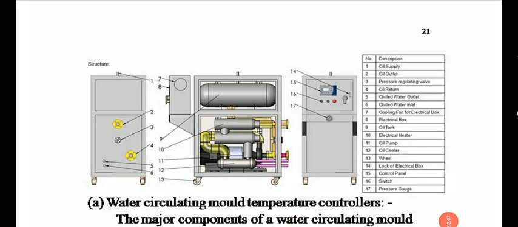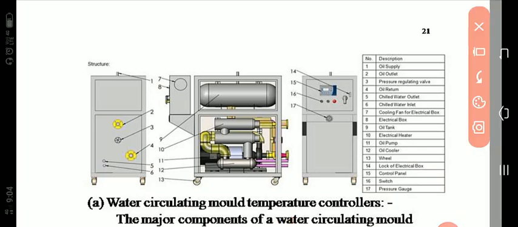Now, we shall discuss elaborately the construction of this mold temperature controller. It consists of an oil supply, this is the oil supply, and an oil outlet, this is the oil outlet.